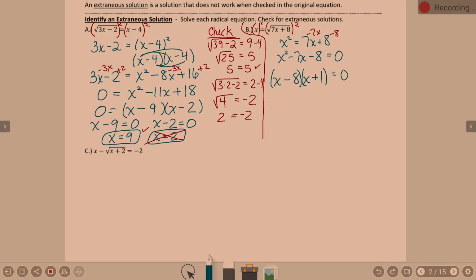So that's good. Set each factor equal to 0. If it's x minus 8, we're going to have an answer of x equals 8. If it's x plus 1, we're going to subtract 1 and have an answer of negative 1.